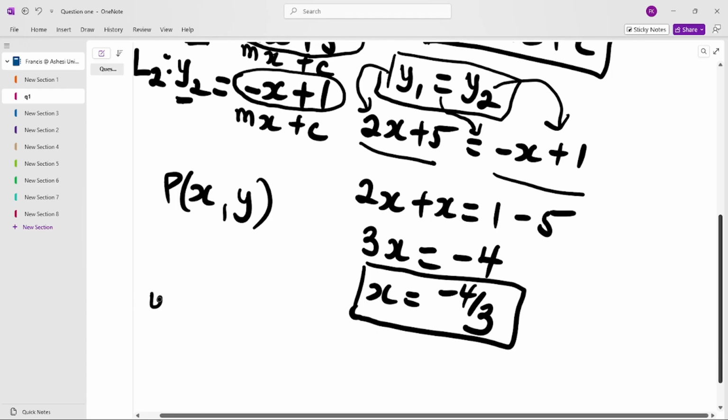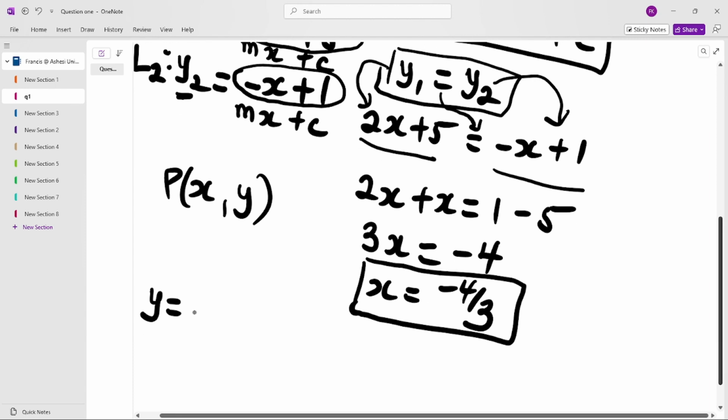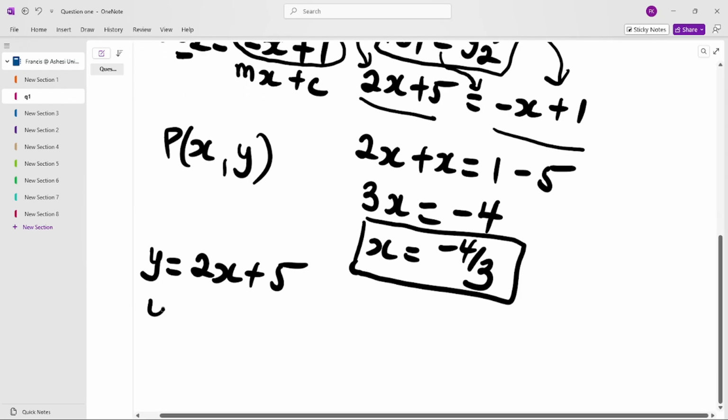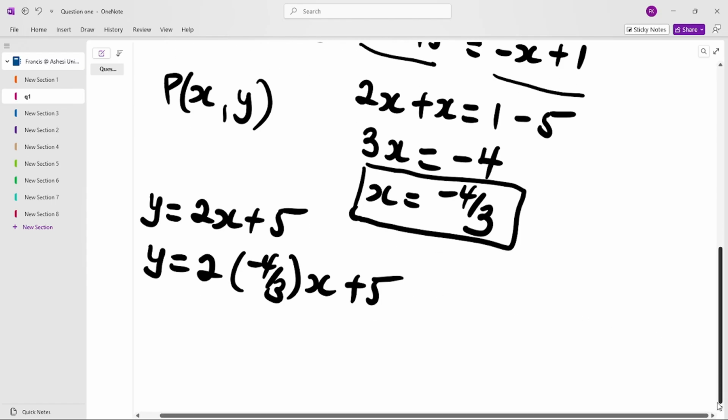So let me take y1, y is equal to 2x plus 5. Let me see what I will get for y. I have y equals 2 into brackets negative 4 over 3, plus 5. Oh, what am I doing?